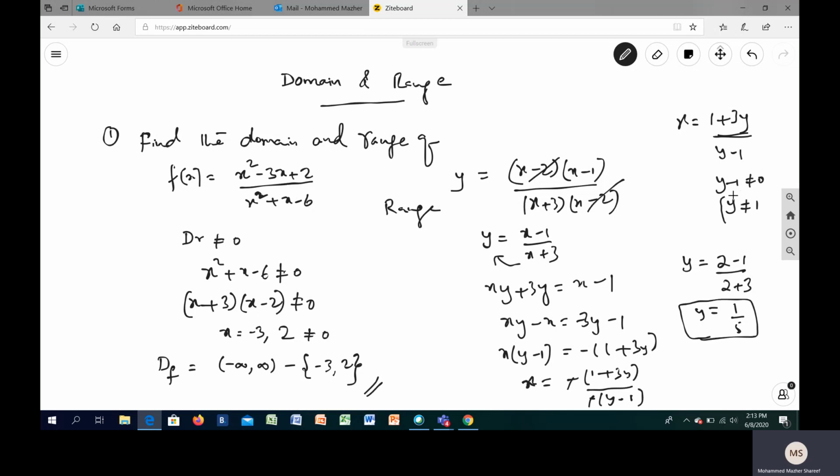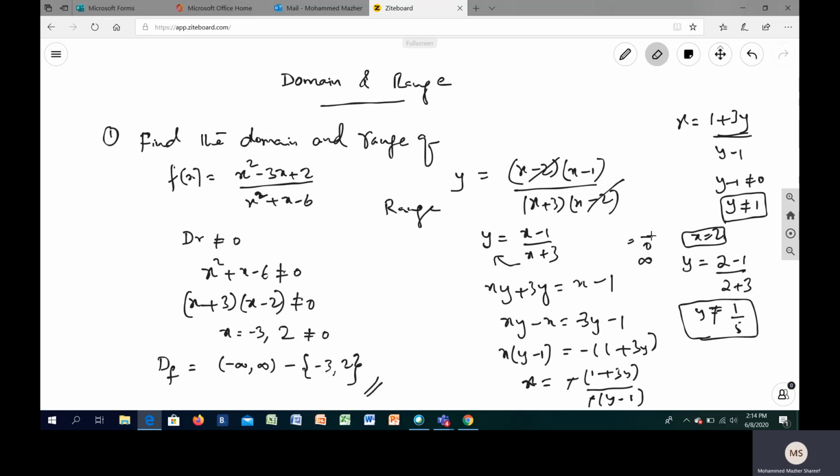So these are the two values for which your range is not defined, because when x is 2 you got this one, and when x is equal to negative 3, we get negative 3 minus 1 by negative 3 plus 3. Why have we not substituted it directly? Because we are getting minus 4 by 0, which is infinity, so it rules out.